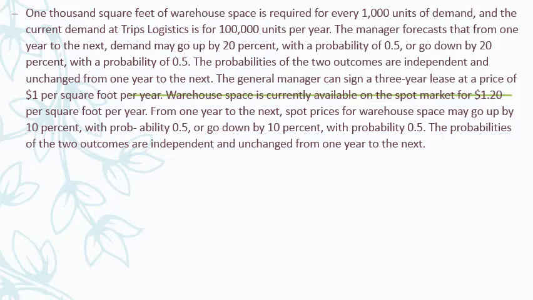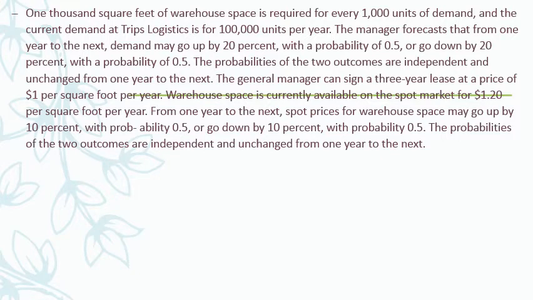That means demand may go up, and to that I have to combine price reduction and price increase. Similarly, demand may come down, and again I have to map it with price up and price down. So totally there are 4 combinations, each having a probability of 50% of 50%, that is 25%, or 0.25.